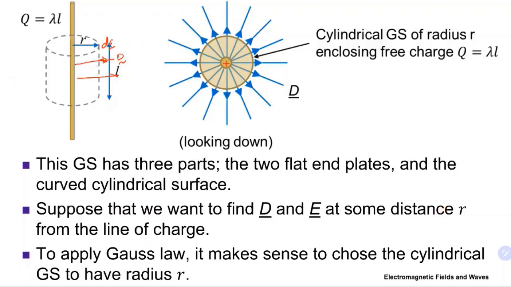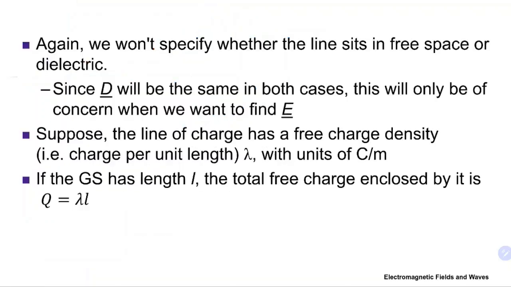And D is also constant all throughout this curved surface, because at every point they are at equal distance from the line charge. So those are the two ingredients you need to choose your Gaussian surface: you want D to be constant on the surface, and you want them to be parallel, and this fulfills both of them.